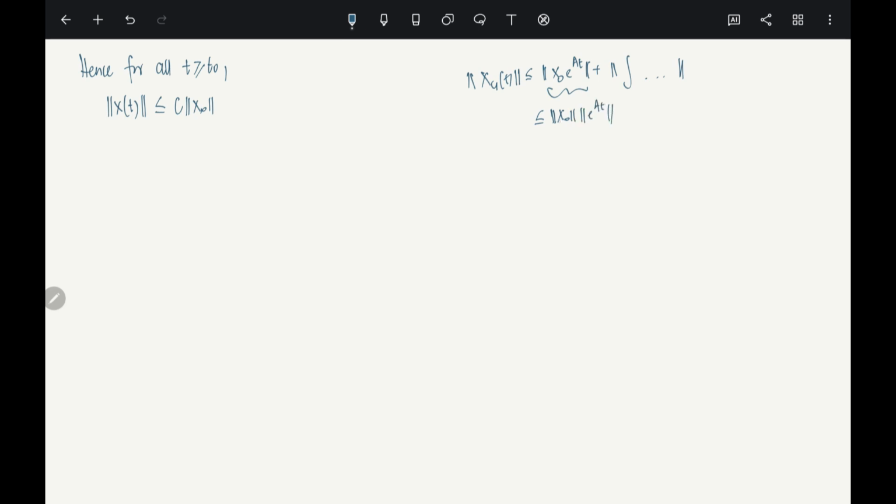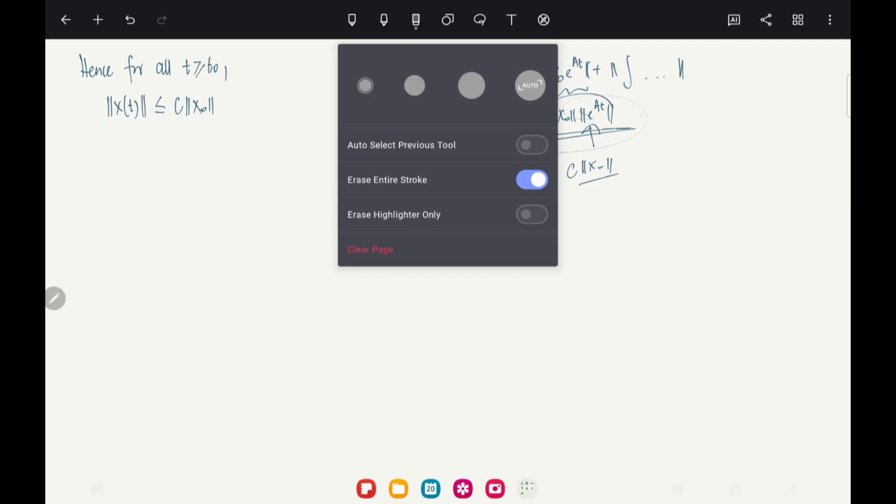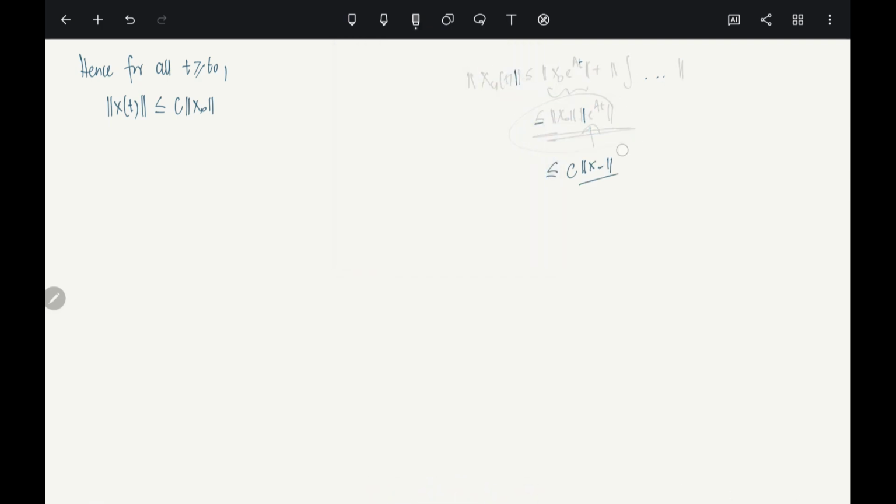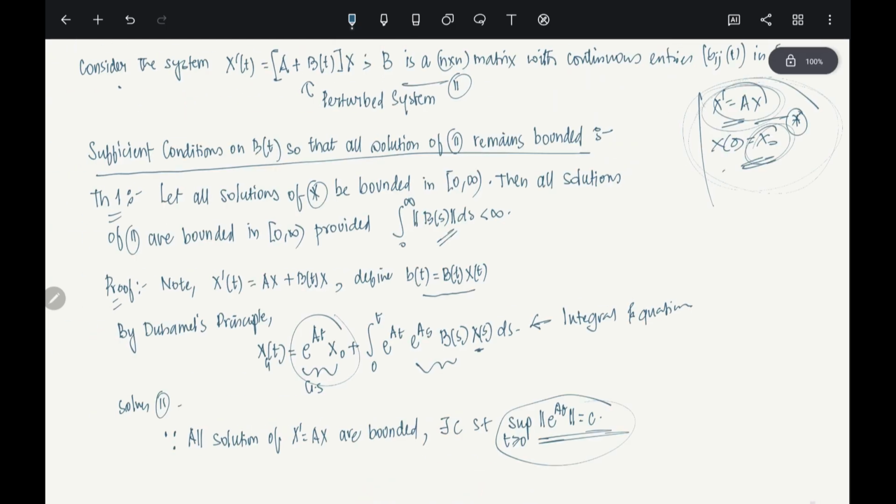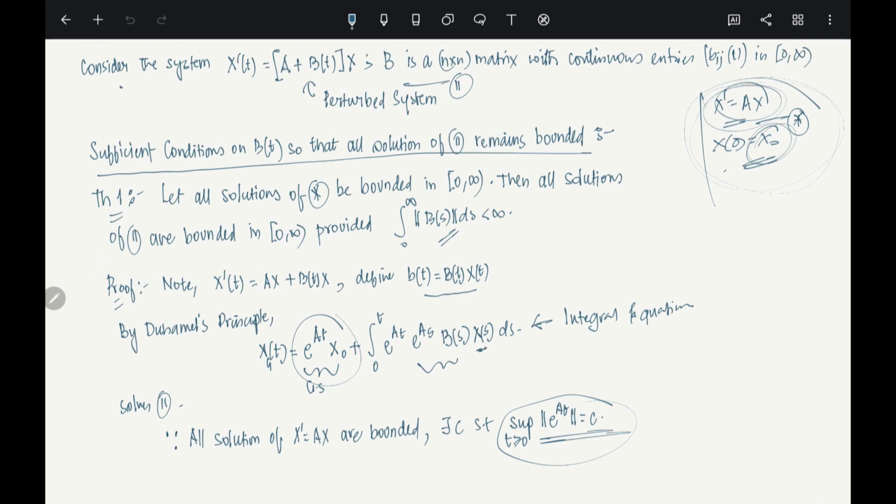If you remember, we did exactly the same sort of thing when we studied matrix norms. So this is true. Now you see e to the power At, the supremum of this is C, so this is dominated by C times the norm of x naught. That is what I wrote here. Clear? Okay. So now plus this term, plus again, see here this x of t is there, right? Clear? This x of t is there.